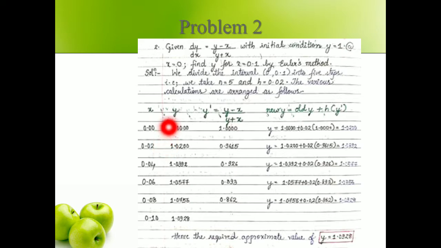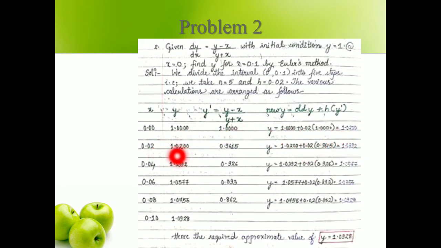So initial x value is 0, y value is 1, y dash value is 1, new y value will be old y which is 1 plus h value 0.02 into y dash value 1. So we get y value to be 1.02.